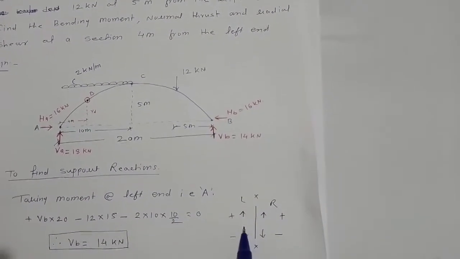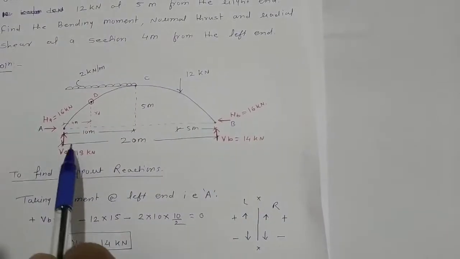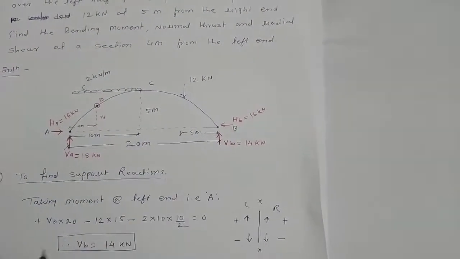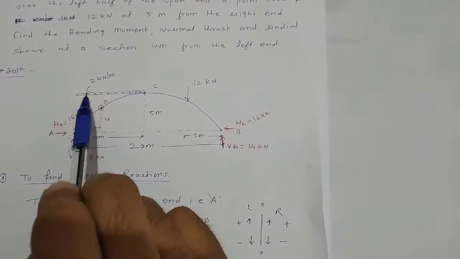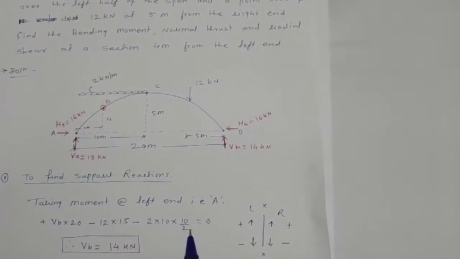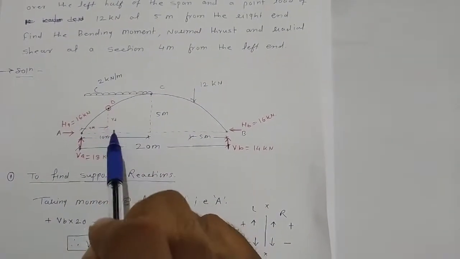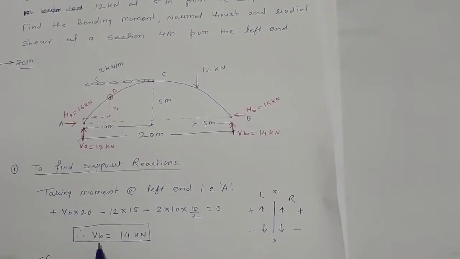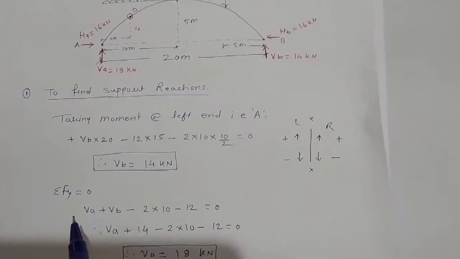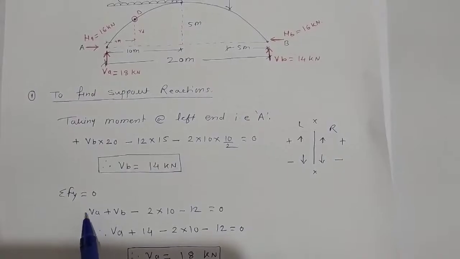So upward VB into distance 20, minus 12 into distance 15, minus UDL, that is 2 into total span 10 multiplied by 10 by 2, equals 0, and then we will get VB as 14 kilonewton. Then second condition, summation Fy is equal to 0.